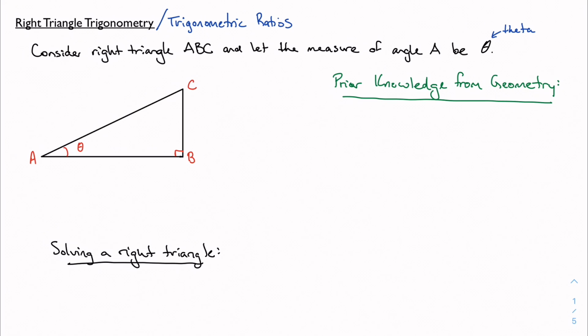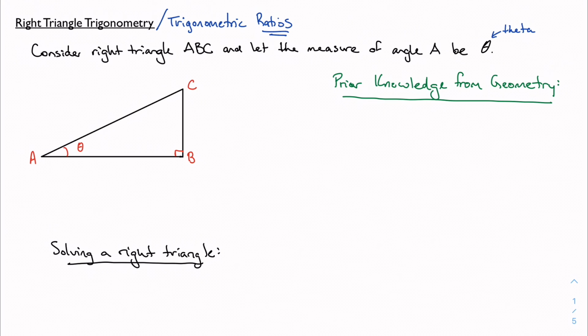And we know that there are 6 trigonometric ratios, but we're going to just focus on 3 right now. There are 3 that are the most important. And it all depends on the combinations of sides that I want to consider, right? We're talking about ratios in some sense.